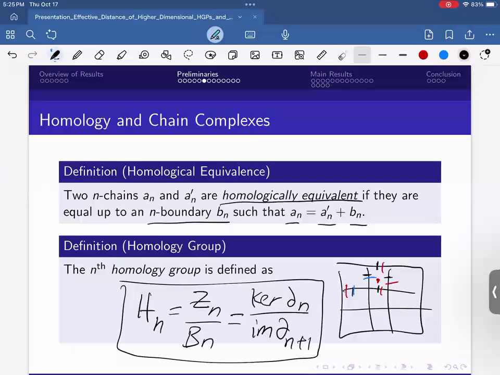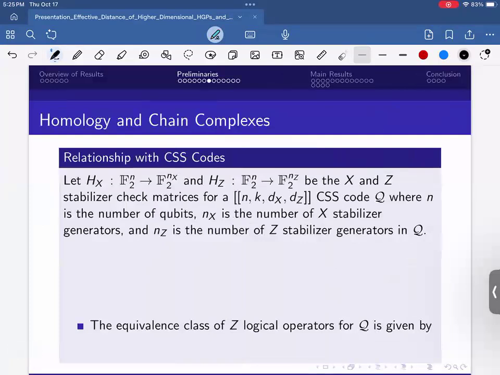Those are important because now I will talk about why: they have a very nice relationship with CSS codes that some of you might already know. As mentioned earlier, with CSS codes you can have two different stabilizer check matrices, one for X and one for Z. You can define them as two different stabilizer check matrices for an [[n, k, dX, dZ]] CSS code. dX is the distance for X errors, dZ is the distance for Z errors, n is the number of qubits, nX is the number of X stabilizer generators, and nZ is the number of Z stabilizer generators.